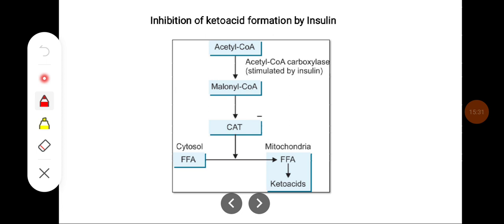This is the inhibition of ketoacid formation by insulin. It is going to stimulate the conversion of acetyl CoA into malonyl CoA, so that it inhibits the formation of ketoacids from free fatty acids.